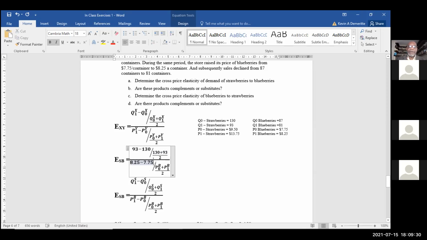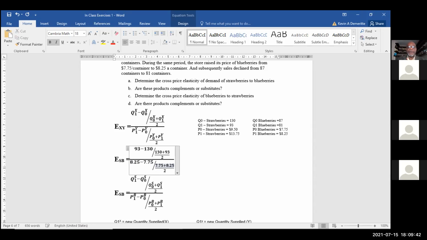Then we have original price $7.75 plus $8.25, divided by 2. I think I've plugged in everything in its correct place.